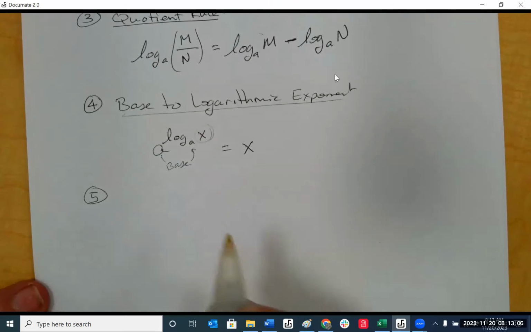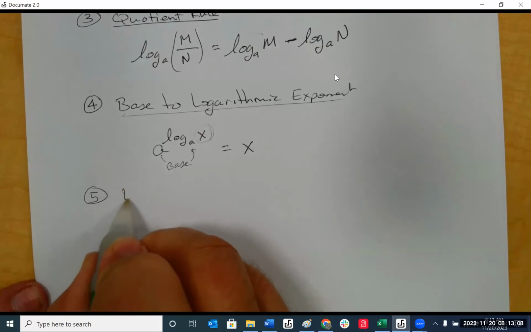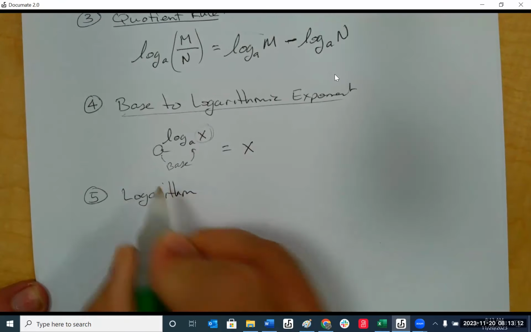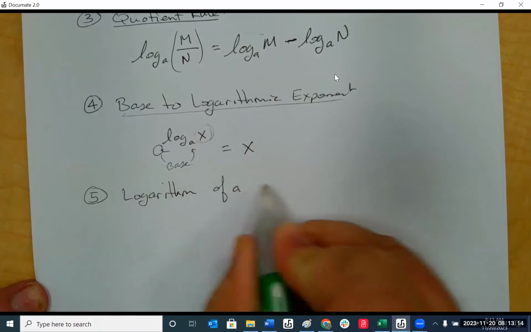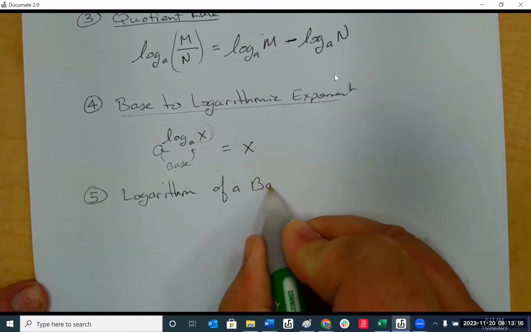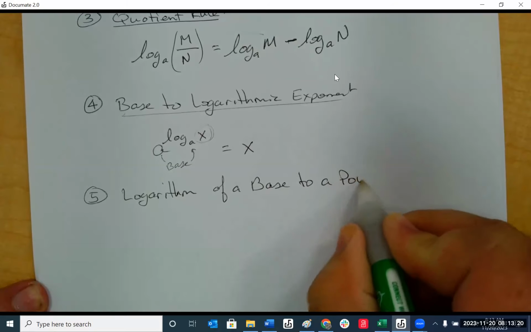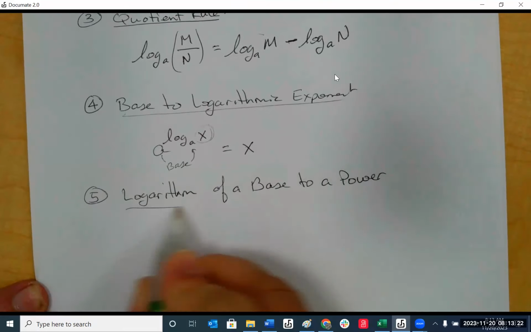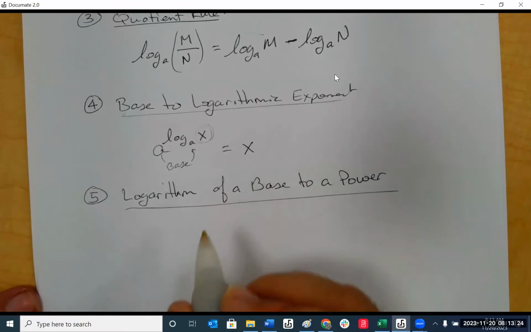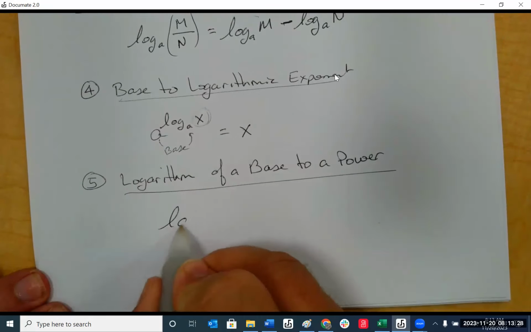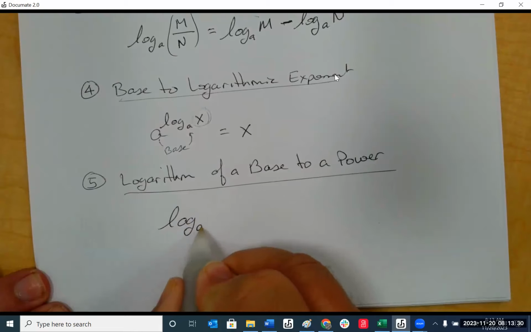And the fifth one is the logarithm of a base to a power. This is the one we did last time.